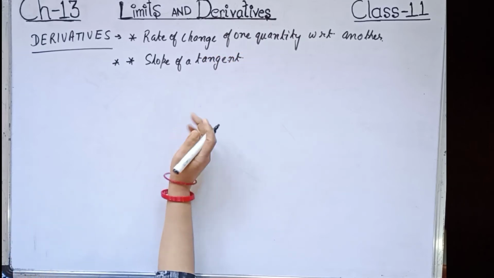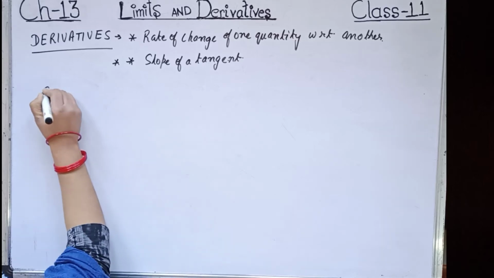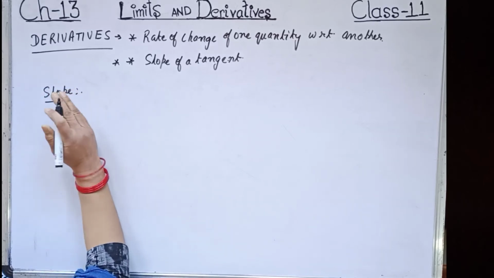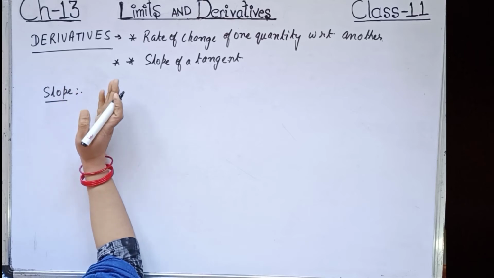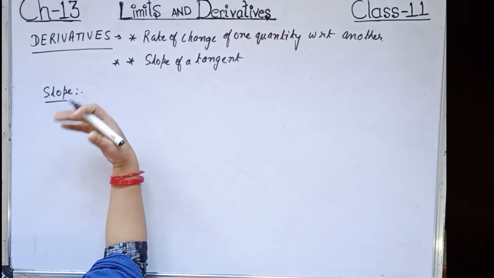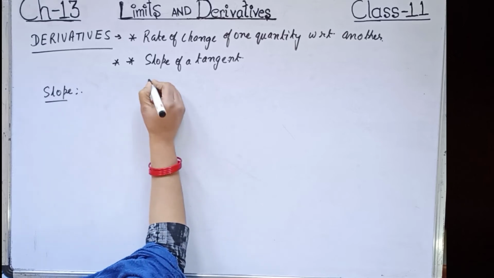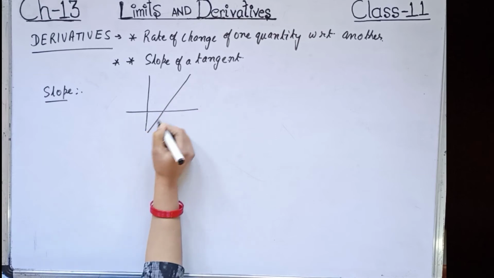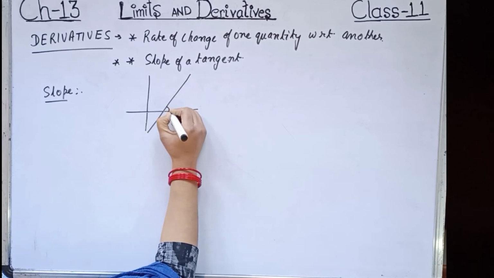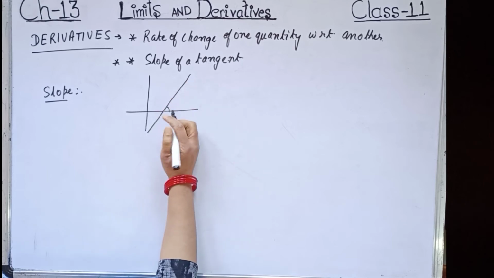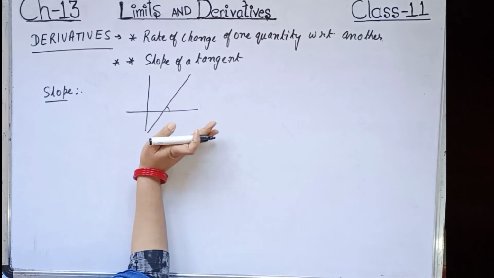Now let us first understand what is slope. As you have done in other chapters, the conic section chapter as well as in standard 10, you know about the slope. Slope is the angle made by a line with the positive direction of the x-axis. Suppose this line makes some angle with the x-axis.